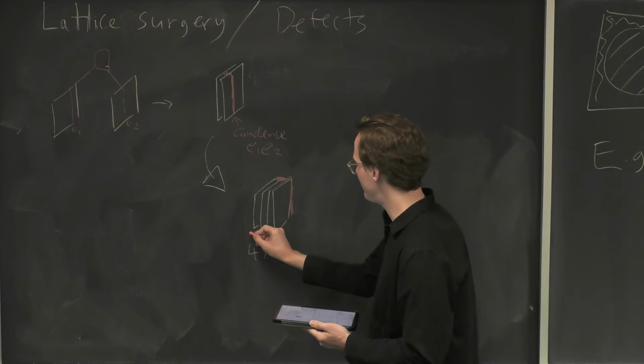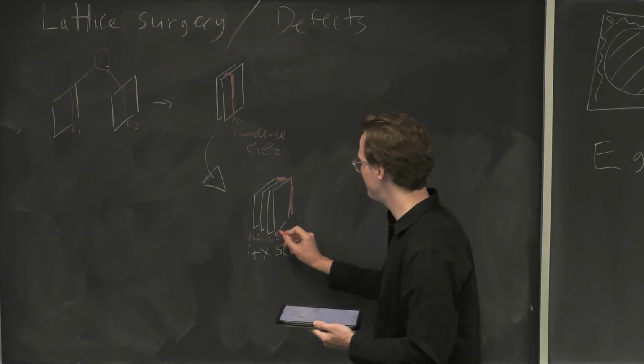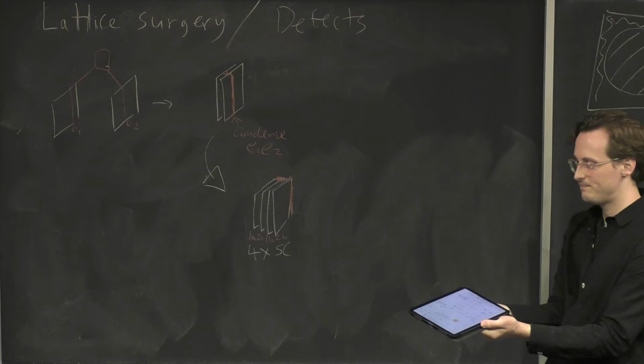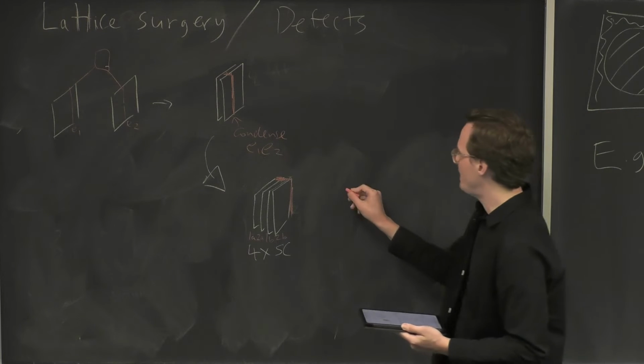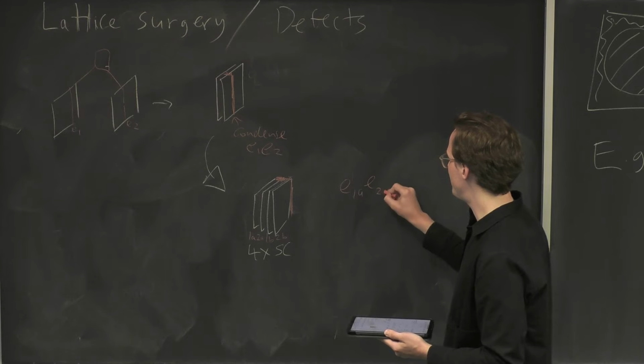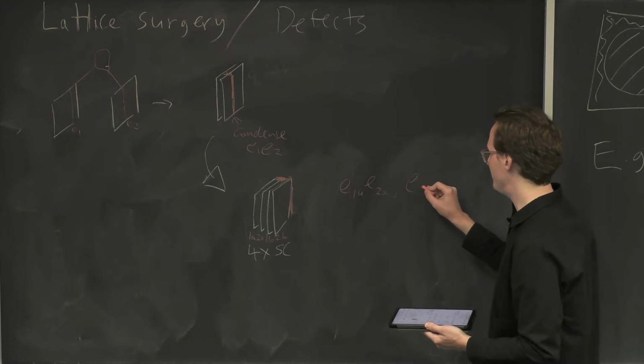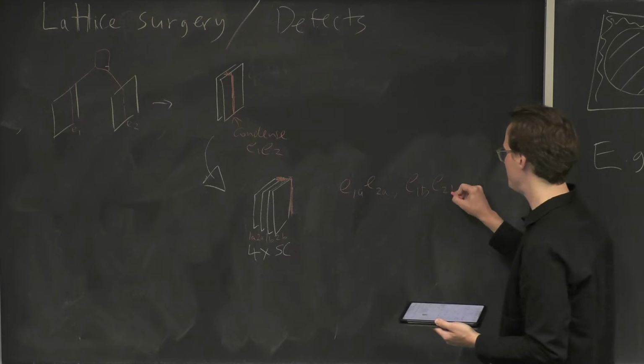So let's call these layer 1A and 1B, 2A and 2B, coming from the 2 halves of layer 1 and layer 2. And we want E1A, E2A to condense. We can also do it from the other side, so E1B, E2B to condense.